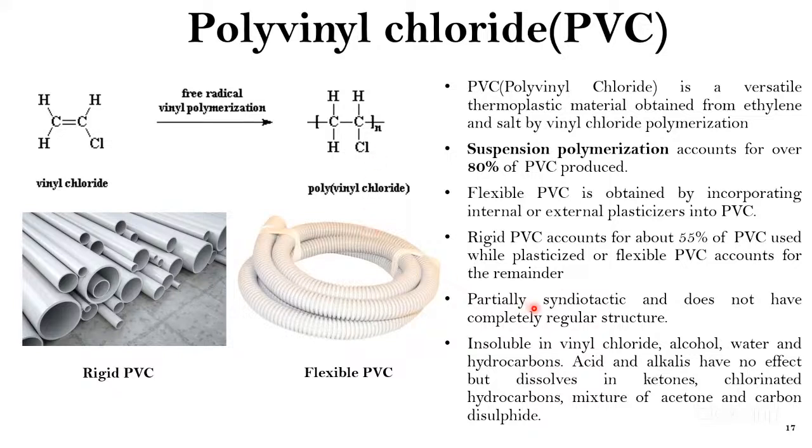Here, it is partially syndiotactic but does not have a completely regular structure. But it is rigid because of the presence of this chlorine. As the chlorine atomic number is quite high, the rigidity comes into play.